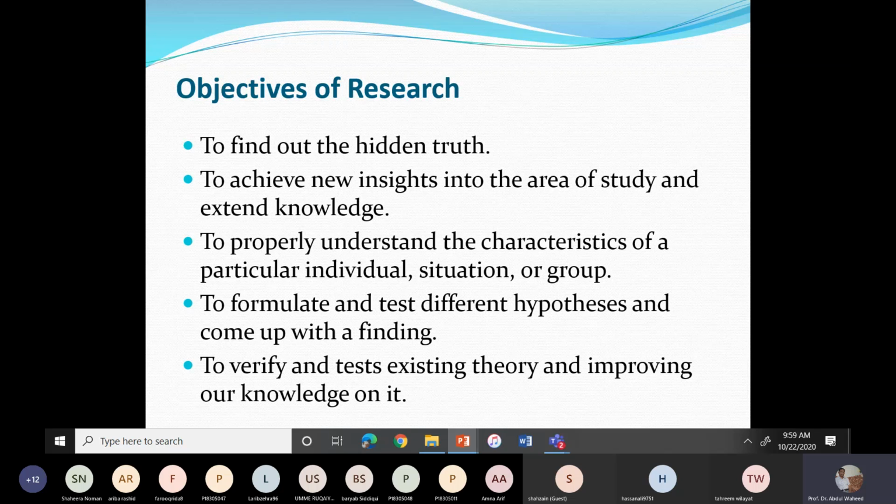So what you did, you tested the theory, but you also improved the theory. You modified the theory. You extended the theory. Then someone else will come and that researcher will do research, and then that researcher will say, okay, consumption is a function of disposable income, consumption is a function of wealth, but consumption is also a function of interest rate.